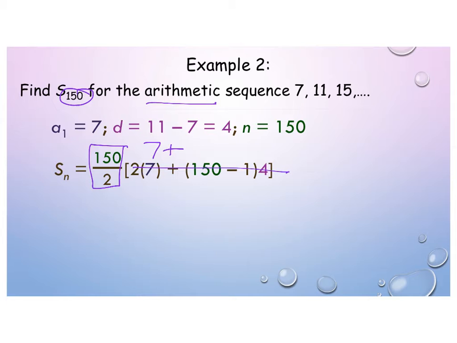That's what I don't know. So I have to figure out our n is 150. Oh, I see. This is basically using our common difference, right? Our equation. That's why. Interesting. Okay.